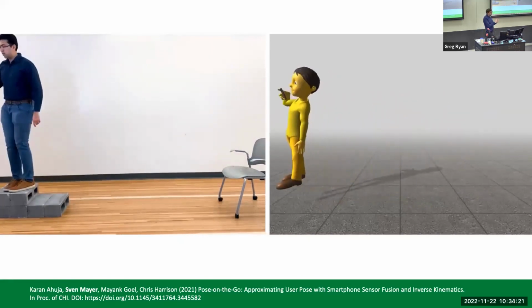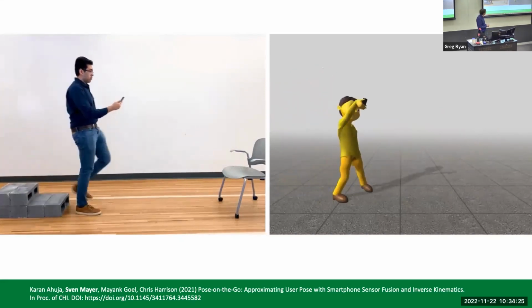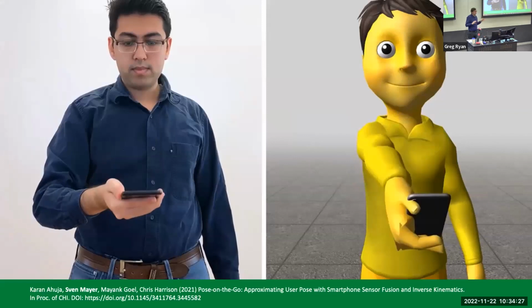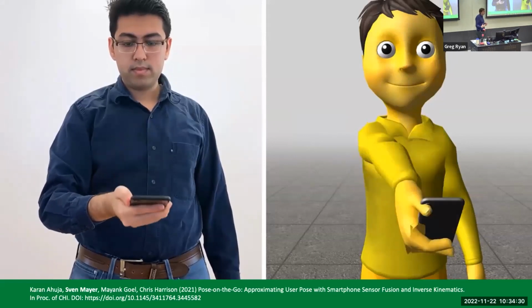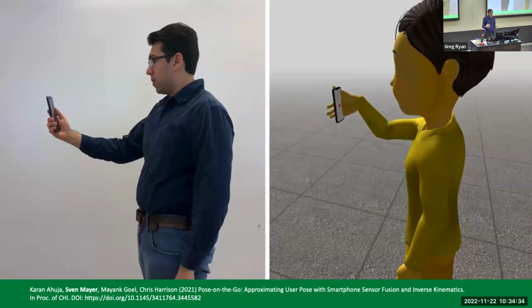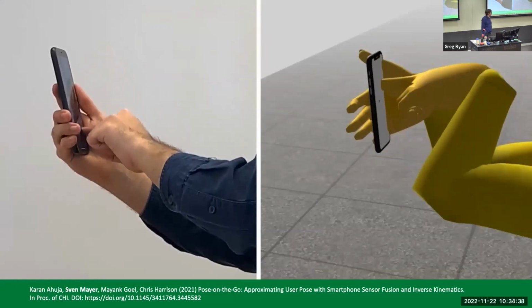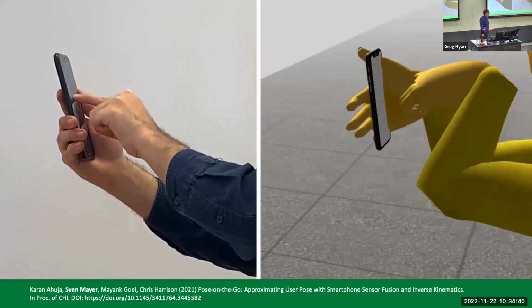And then we put all of this together in combination with an inverse kinematics model. We get some decently looking character animation that you could use on the go without spending $50,000 to $100,000 on a Vicon and OptiTrack system. And I think that's quite nice if we think about applications on the go.